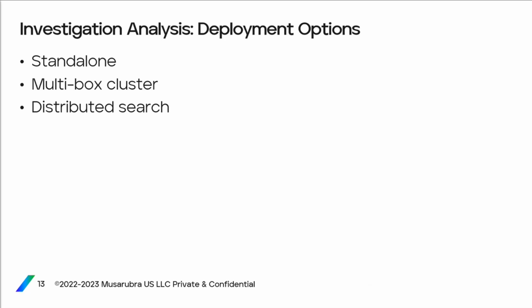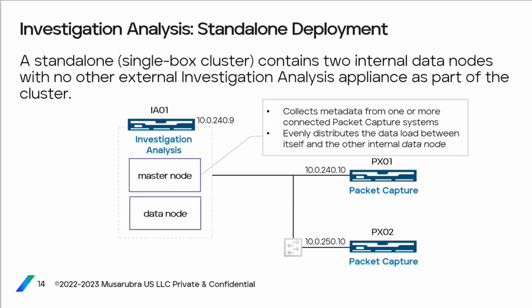Investigation analysis deployment options are either a standalone appliance, that is the setup that we will be using in our demo today, or a multi-box cluster, and lastly, a distributed search deployment. Let's go over each one of these.